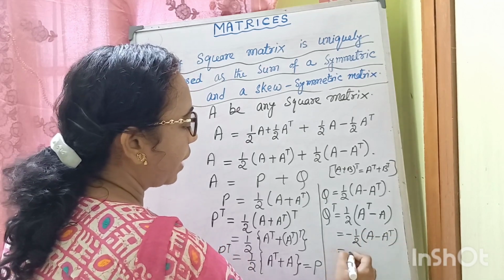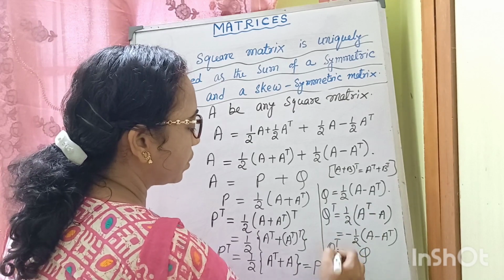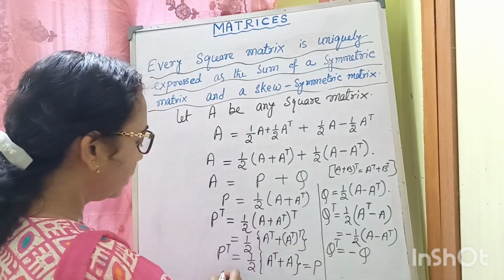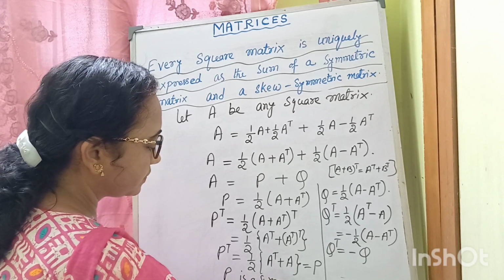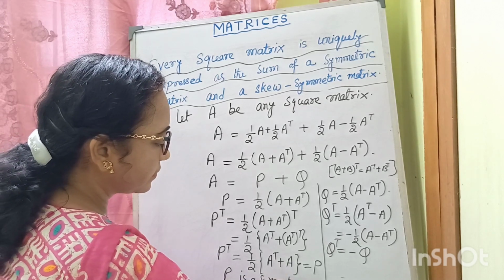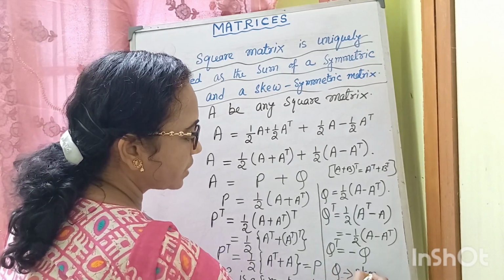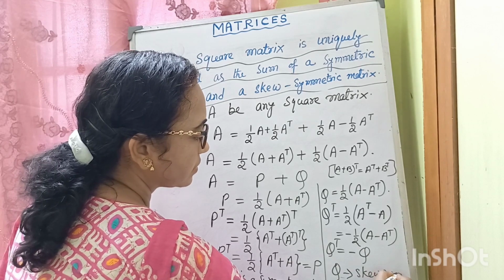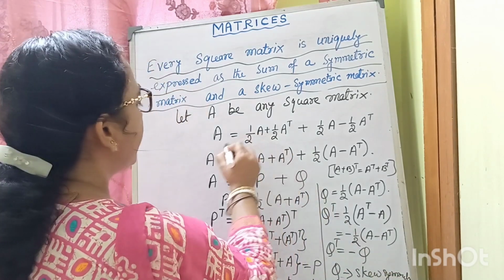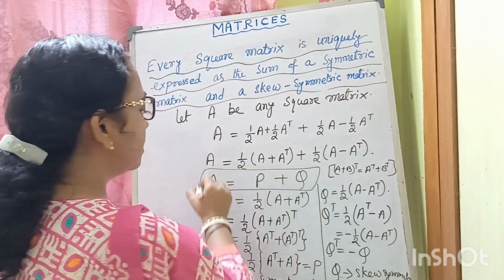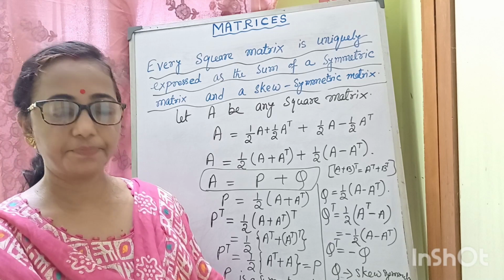That is minus Q. So Q transpose is equal to minus Q, which shows that P is a symmetric matrix and Q is a skew-symmetric matrix. So A can be expressed as a sum of a symmetric and a skew-symmetric matrix.